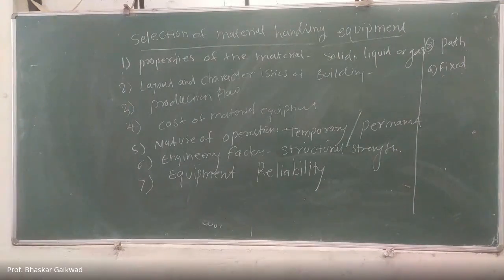And lastly we went through the group technology layout. It means similar types of machines are grouped together: all hacksaw machines, all lathe machines, all milling machines, all CNC and VMC machines together.